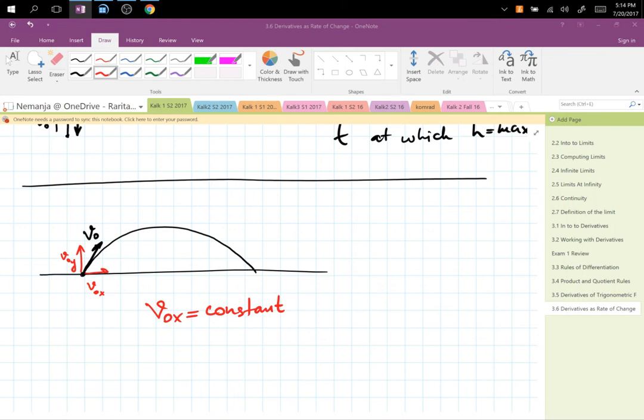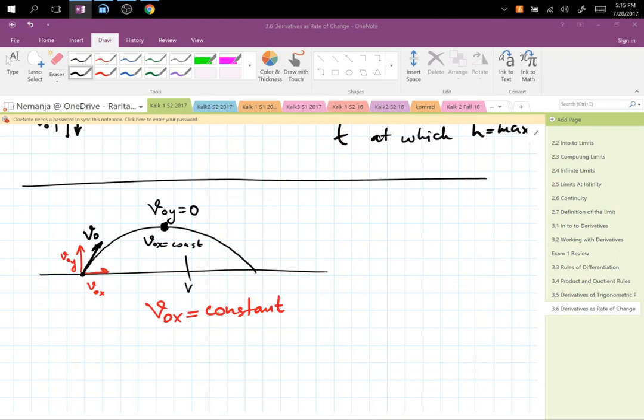The vertical component is the one that goes to 0 and then starts picking up. So at this point here, your v0y is equal to 0. And the v0x is equal to constant, which is the same value for everything at the max point there.